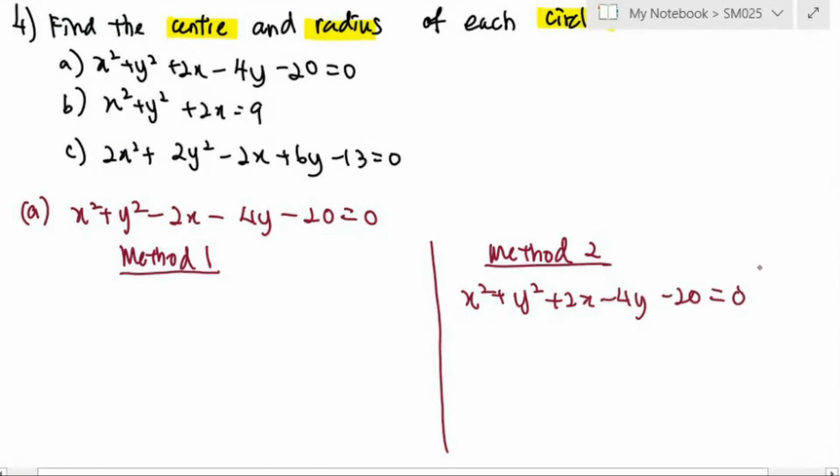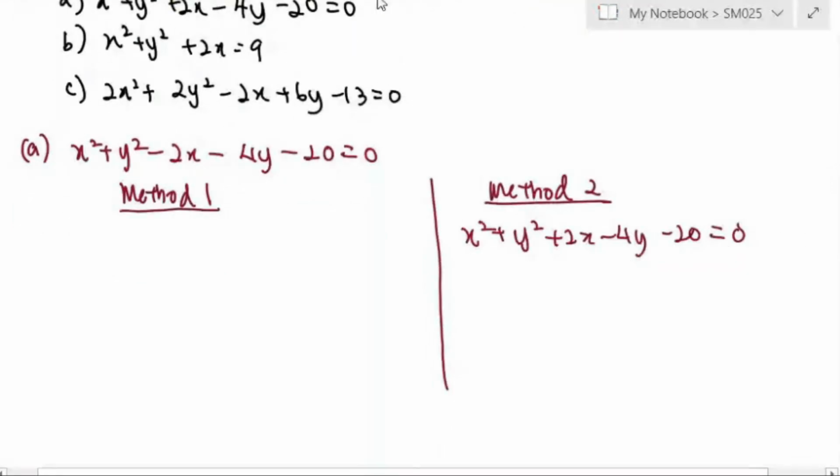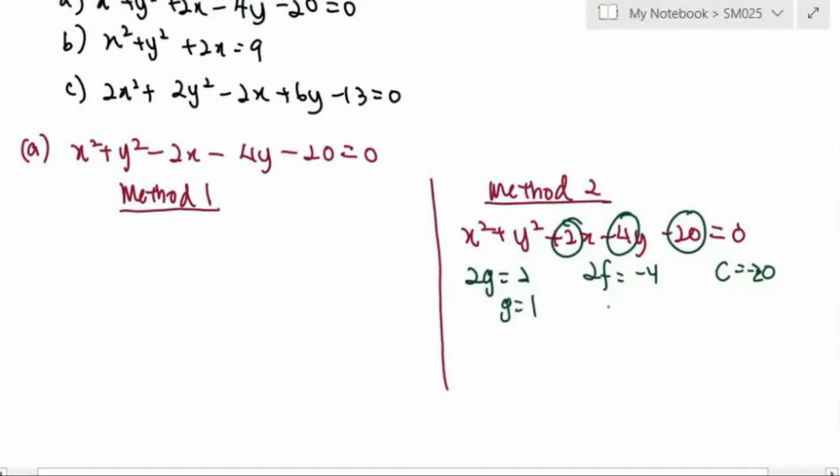So when we have general form, the important key here will be your G, F, C. So what's your G? What's your F? What's your C? 2G equals to 2. 2F equals to -4. C equals to -20. So find out G is 1. F is -2. C is -20.